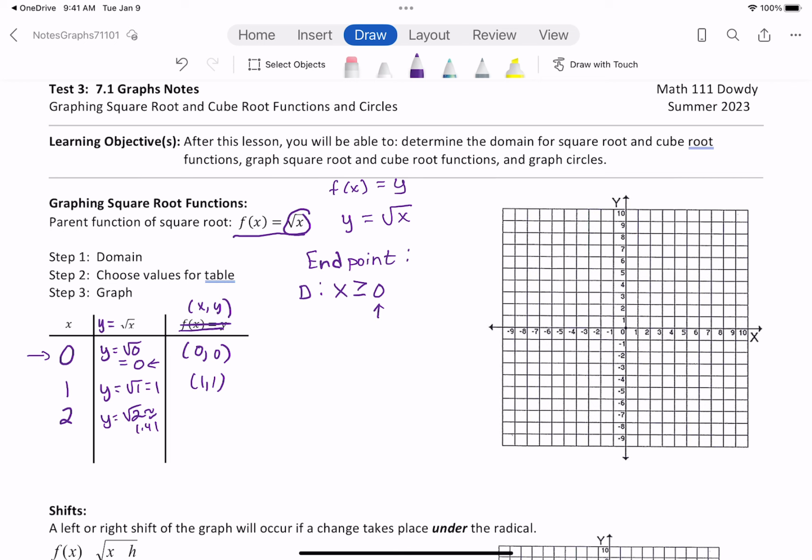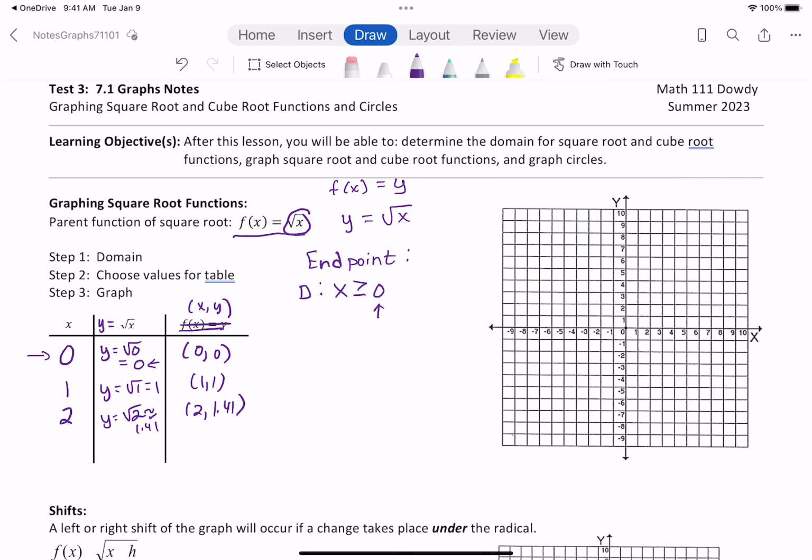So there is nothing mathematically incorrect about that ordered pair, but it's not an exact point, so it's going to be difficult to graph. So normally, if we're dealing with square roots, we want to try and get something underneath the radical that is a perfect square for that reason, because we don't want something that's hard to graph.